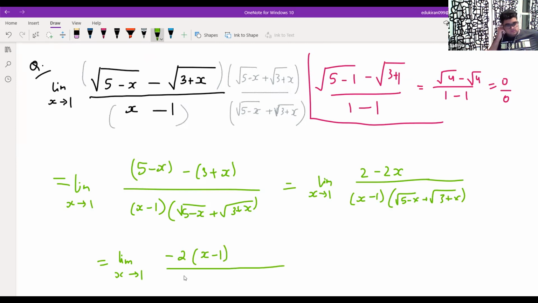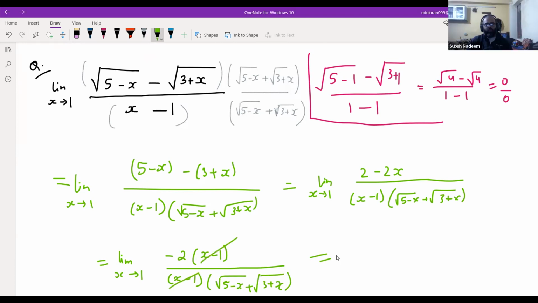Isn't it this? Okay, yes, sir. So this will cancel. Now you put x as 1. So in the denominator, this is 2 and this is 2. So minus 2 by 4. That will be minus 1 by 2. Yes, sir. So you did more than 50%. You have to just think that you have to take minus 2 common.